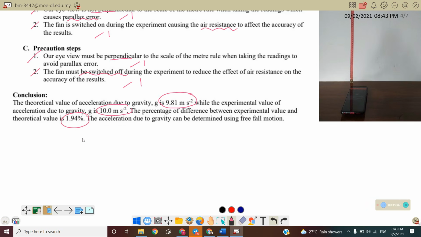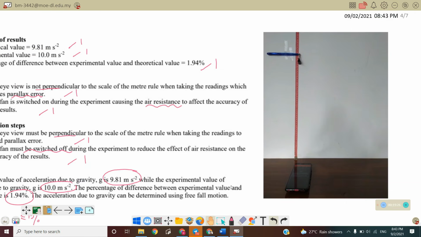Bear in mind that if the percentage of difference is less than 15% from the theoretical value, we consider it a good result, acceptable. After that we make the conclusion: the acceleration due to gravity can be determined using free fall motion. So that's all for the experiment.